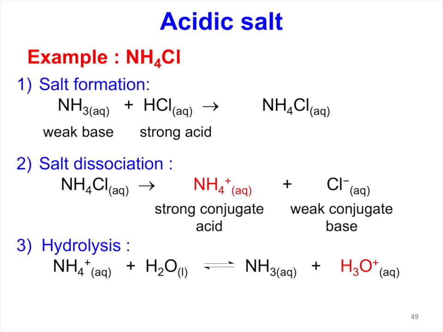Next is the process of hydrolysis. So the ion that will undergo the process of hydrolysis is the strong conjugate acid NH4+. So the equation is NH4+ + H2O gives NH3 and H3O+.